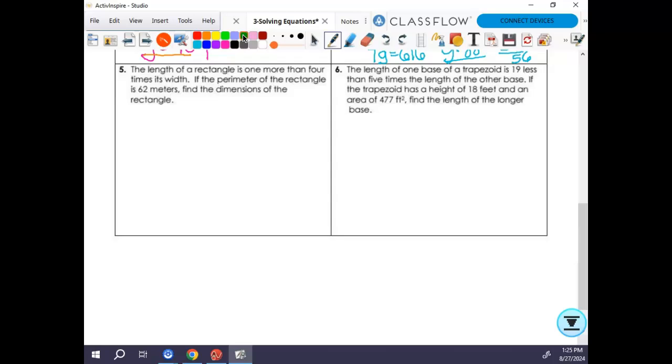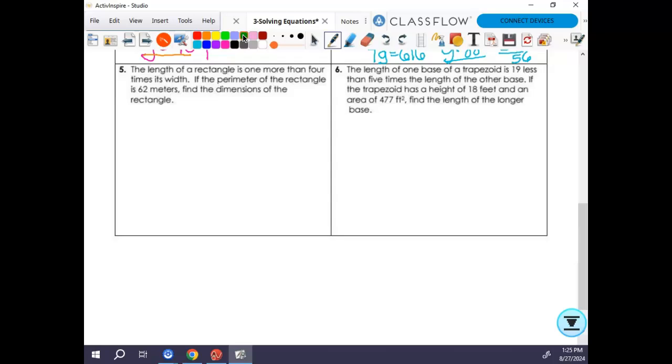One thing I don't know about the TSIA, and I will find out, is formula chart wise. Like on the SAT, they do have a little formula chart where it gives you like area and perimeter. I think it even gives you trig ratios, things like that. I'm not sure about the TSIA, but this is hopefully something we could do without that.